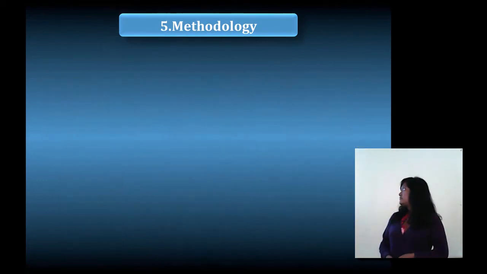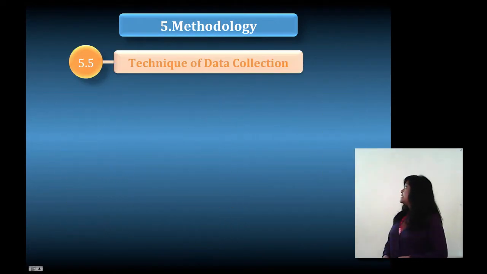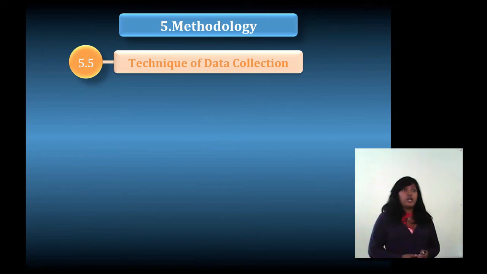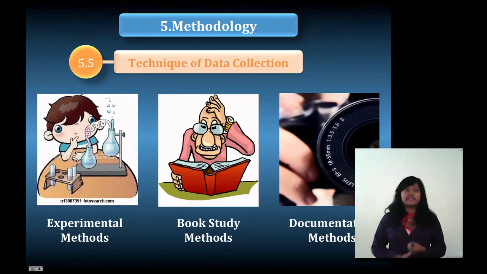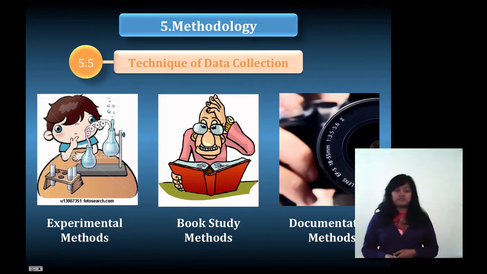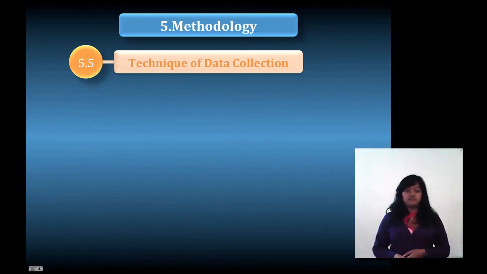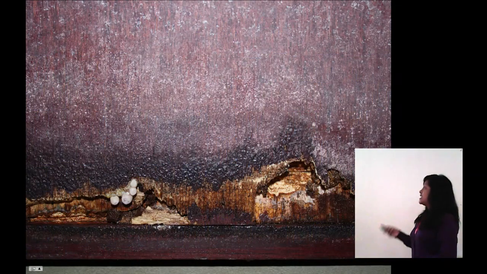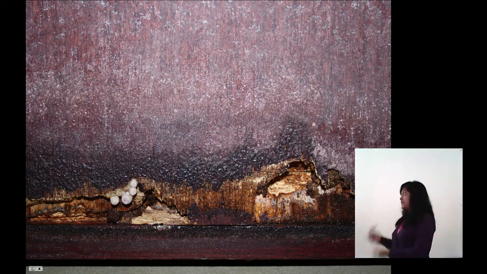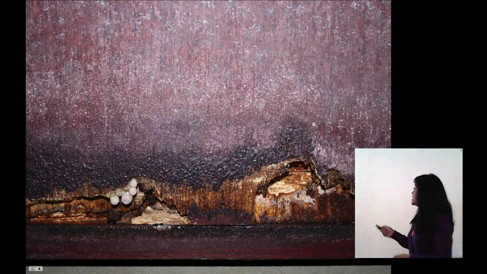So, this is the technique of my data collection. First is we do the experimental, second one we do the book study method, and then the third one we do the documentation method. So you can see in this picture, this is my first experiment. First, in these two parts, there is the fungi.